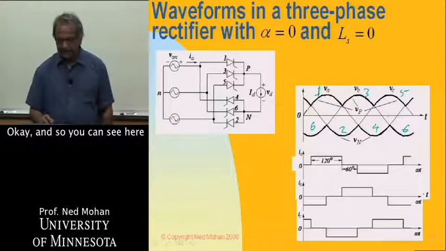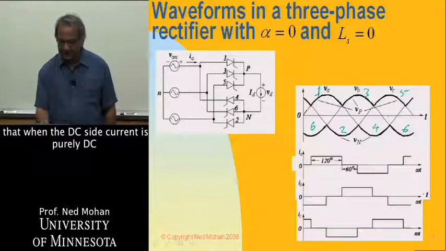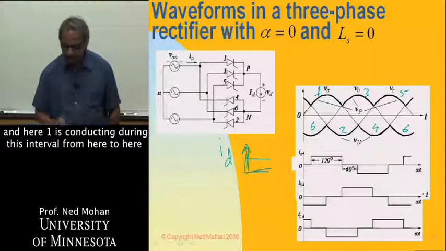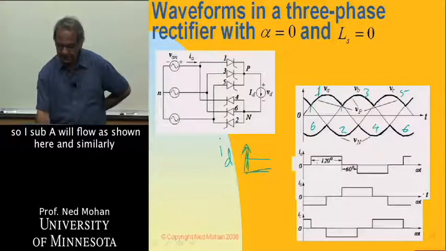Okay, and so you can see here that the DC side current is purely DC, as we are assuming here, I sub D. And here 1 is conducting during this interval from here to here. So I sub A would flow as shown here.